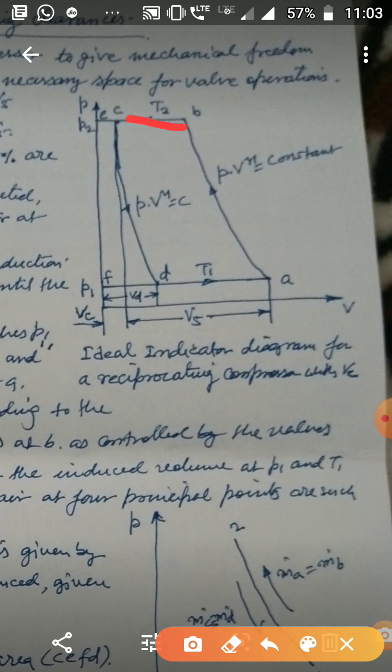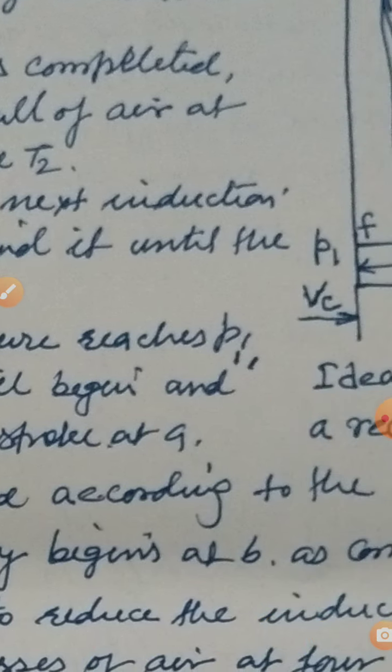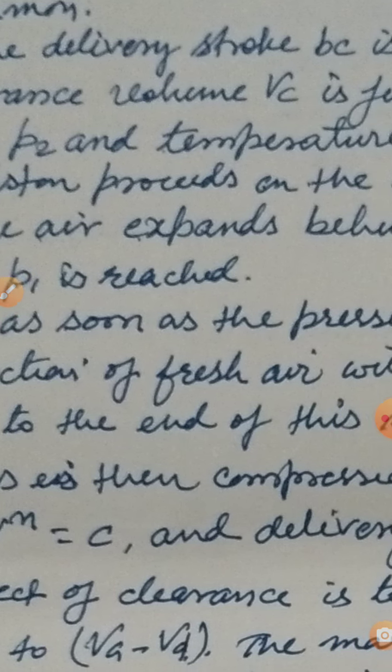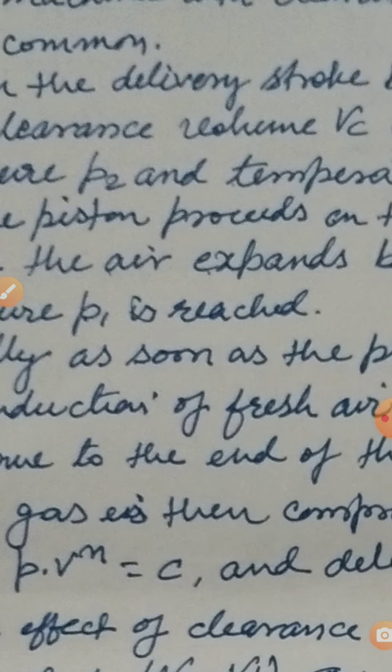This is the delivery stroke, and at point C the delivery stroke is over and the volume of air remaining after the delivery stroke is VC. Now as the piston proceeds on the next induction stroke, the air expands behind it until the pressure P1 is reached.